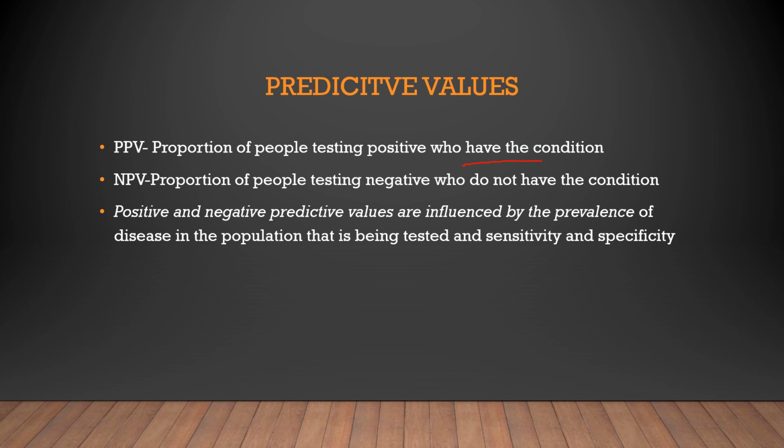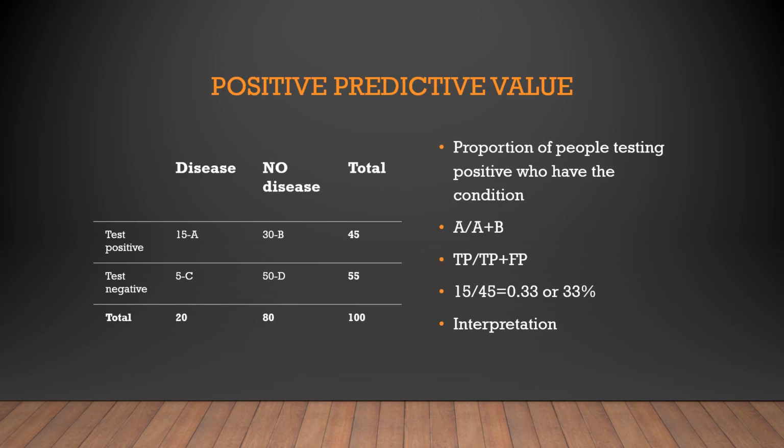These values are influenced by the prevalence of the disease in the population that is being tested, as well as sensitivity and specificity. Okay. So in a given case, if sensitivity and specificity of a particular test is remaining stable, this will get affected by the prevalence of the disease in a particular population. So let us see how we calculate first, and then we will come to the next part.